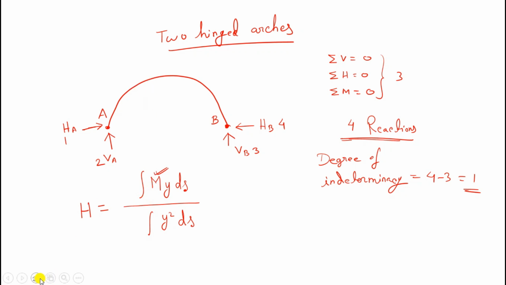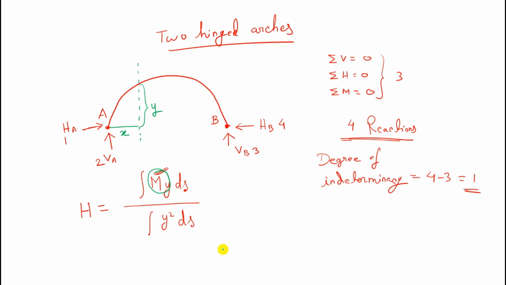And one thing you have to keep in mind is that to calculate the moment, we have to consider a particular section at say x distance from point A, and the height will be y.